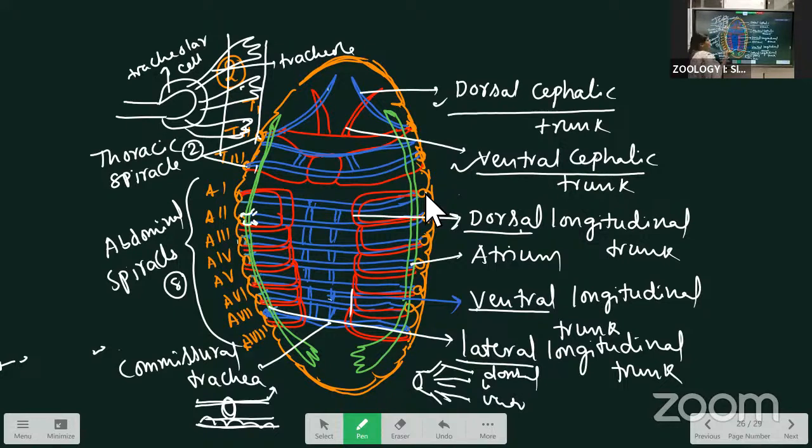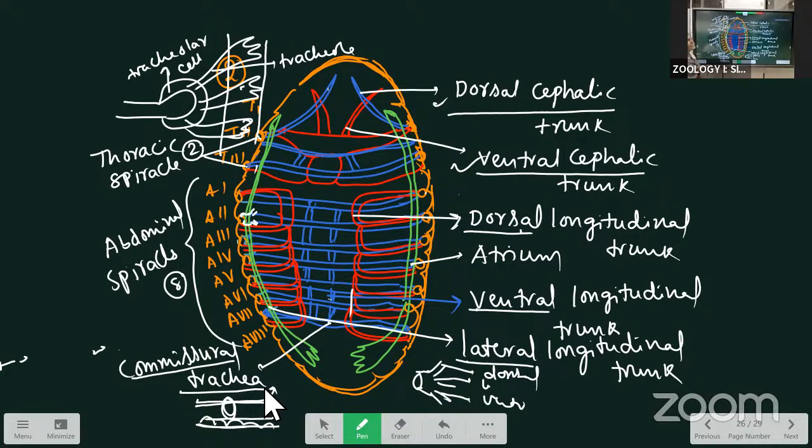Between all three longitudinal trunks, dorsal, ventral, and lateral, the commissural trachea connects the three longitudinal trunks. Here, this one is about the total tracheal system and the mechanism.